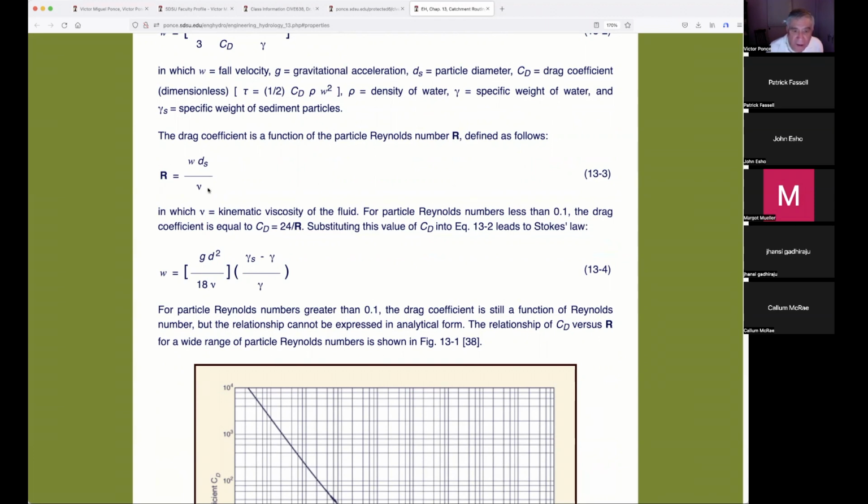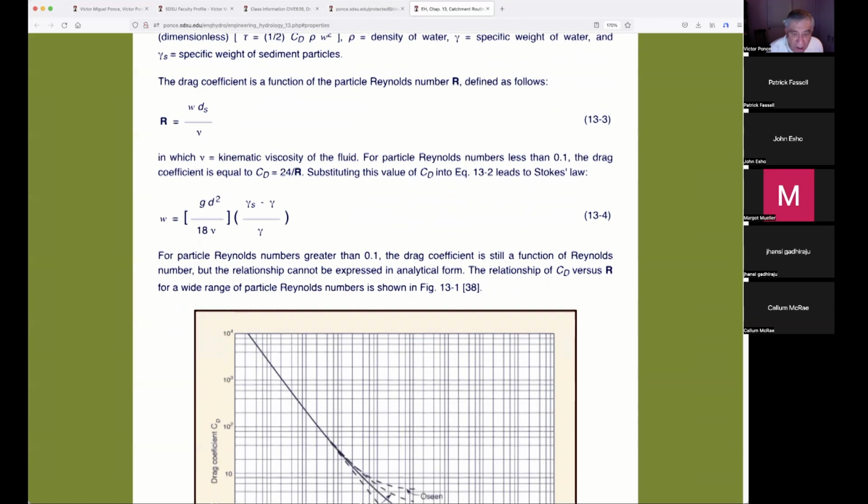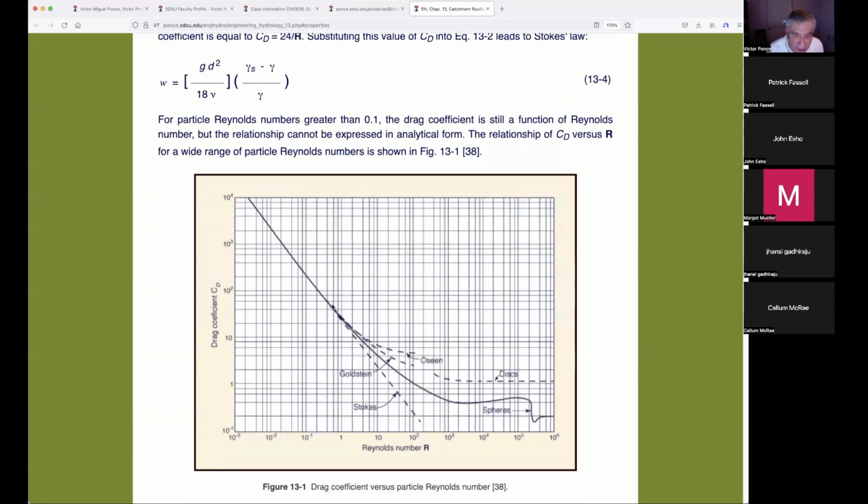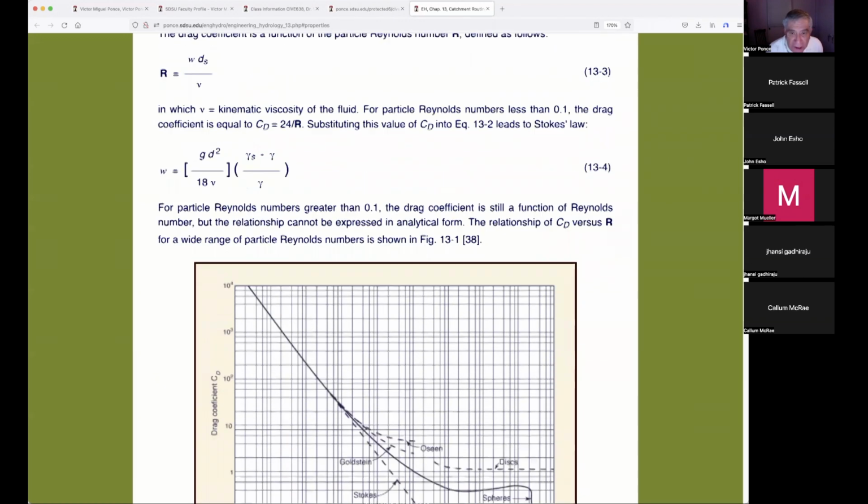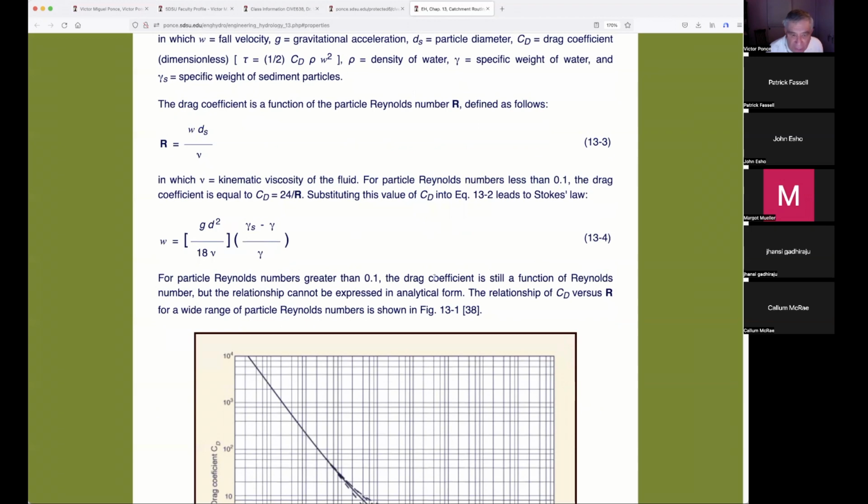Okay, so we substitute this. For Reynolds numbers less than 0.1, the drag coefficient is equal to 24 over R, which is this line over here. It's in the laminar regime. This is the turbulent regime, and here the laminar regime. In the laminar regime, the drag coefficient can be expressed readily as a function of the Reynolds number here.